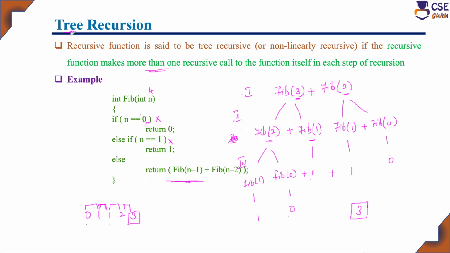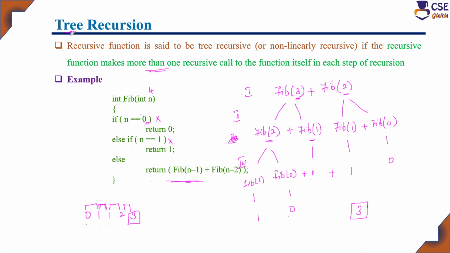If there is a pending operation when the recursive call returns, that is called non-tail recursion. Linear recursion means in every recursive call, the function calls itself only once. Non-linear recursion or tree recursion means in every recursive call, the function calls itself more than once.